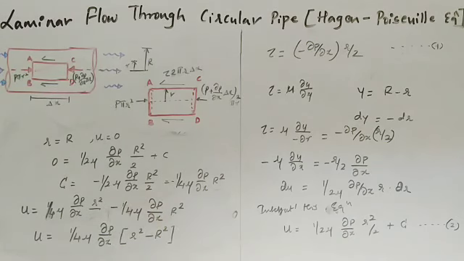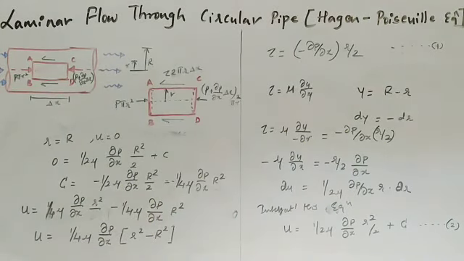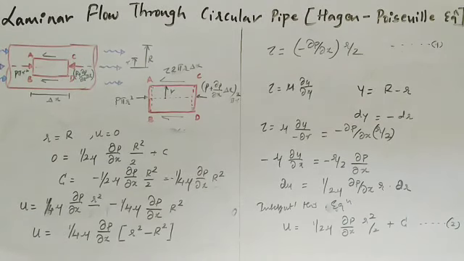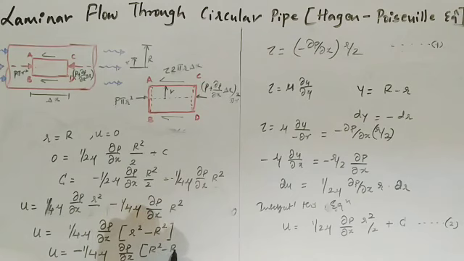This is the remaining equation. So from the figure, if I interchange this r value, then my equation becomes u equals 1 by 4 mu into minus dou p by dou x into R square minus small r square.